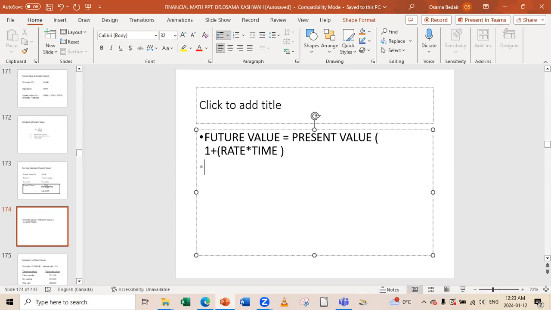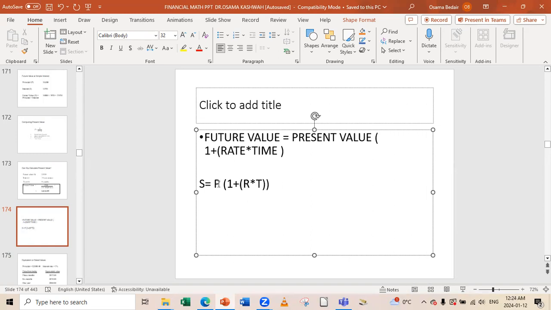We said also that if we say the future value is S, that will equal P, which is the present value, multiplied by 1 plus RT, R times the T. And this is inside a bracket, so here we put another bracket.